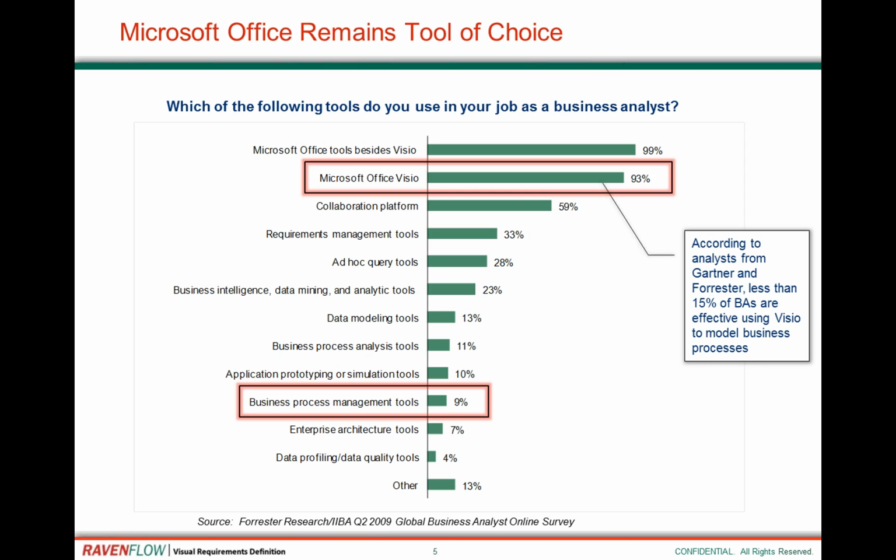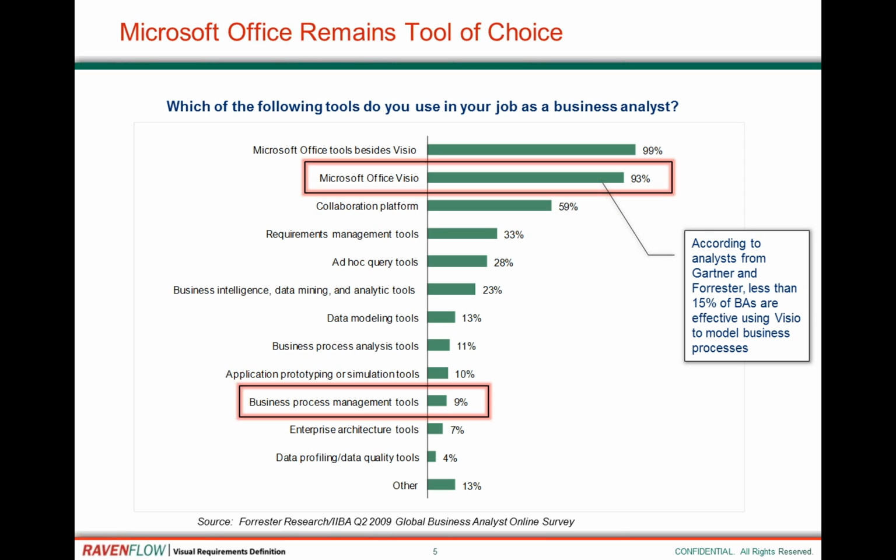If you look down further on this chart, you see that business process management tools, right, BPM tools, are used by less than 10% of the same business analyst audience. And as I call out on the side of this slide, in our discussions with leading industry analysts like Gartner and Forrester, I've asked them straight up, if that greater percentage of users are using Visio to draw process models, what percentage of them are very effective in doing so?